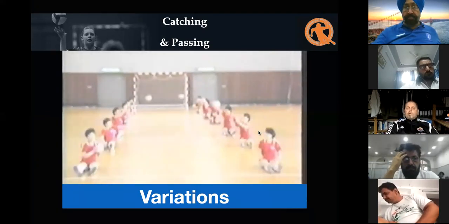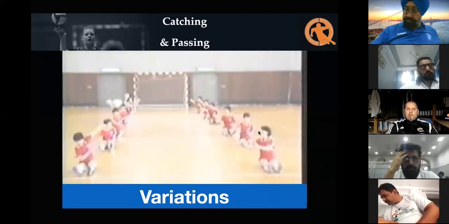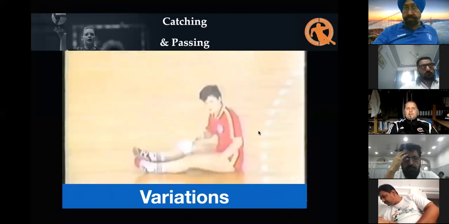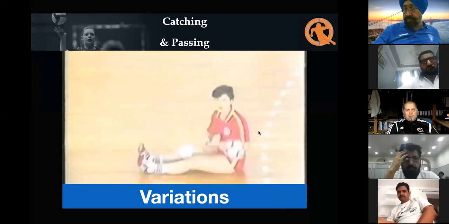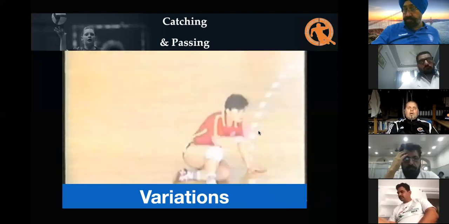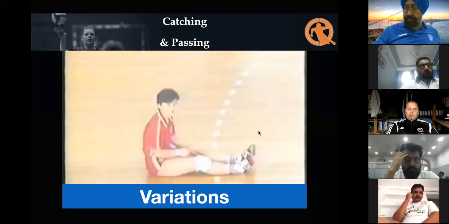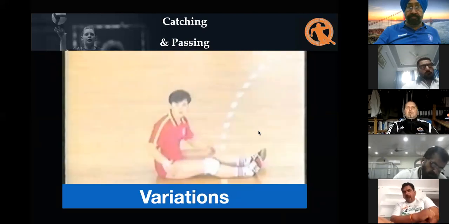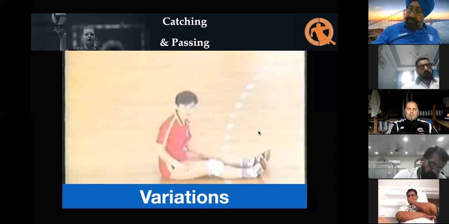But please don't think that on the right side only right-handed players are sitting, and on the left side only left-handed players. After a certain number of repetitions, you will see they will rotate. And then the next 10,000 passes will be played with the other hand. So this is to create stability in that movement.